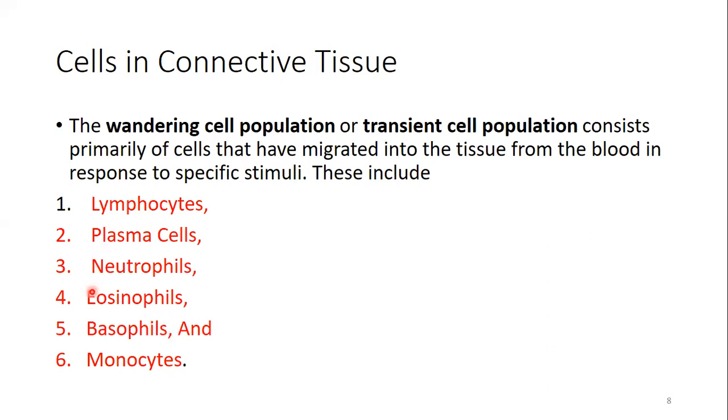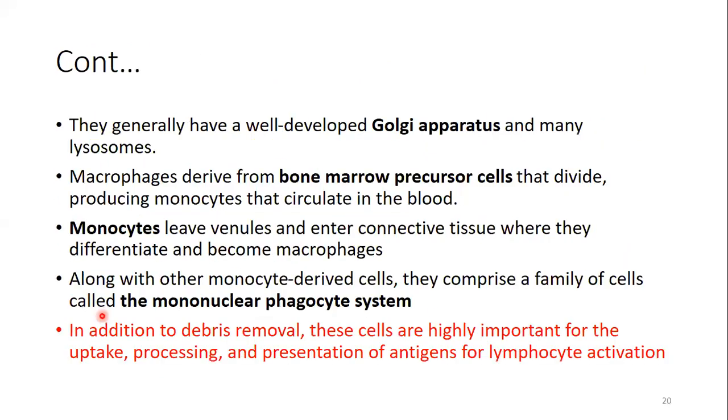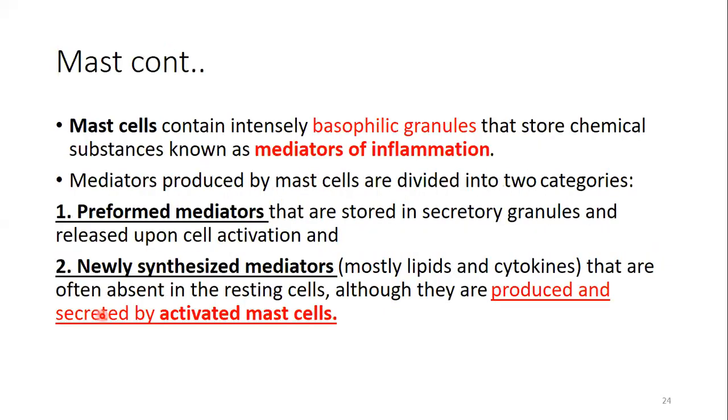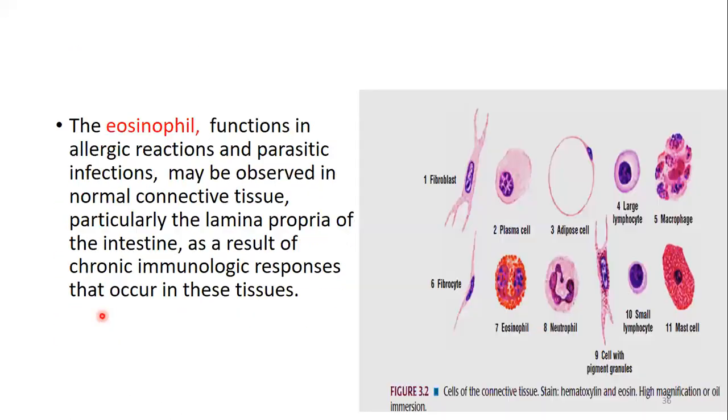Now, these cells, we're saying they are granulocytes because they have granules in their cytoplasm. And those granules are secreted only when there are those infections I've mentioned earlier on. So this is eosinophil, this is neutrophil, this is mast cell.